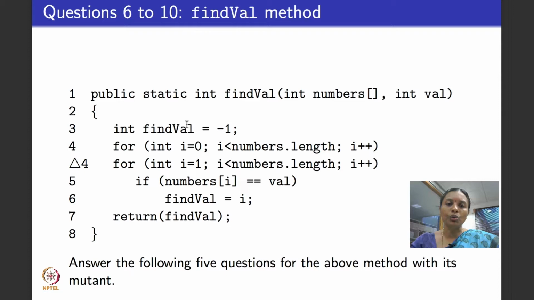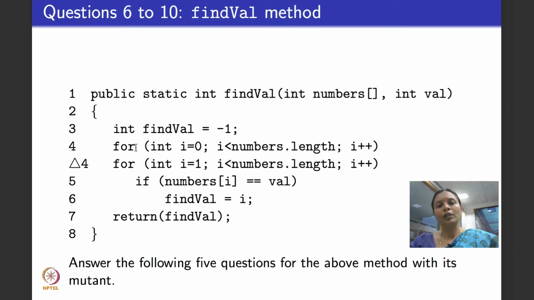This method has a mutant, which is denoted by delta 4. As I told you during my lectures, how do I read the mutated program? You take out line number 4, instead replace it with line number delta 4. So the mutated version has the same method, but what is the difference? Instead of the for loop as given in line 4, it contains the for loop as given in delta 4.